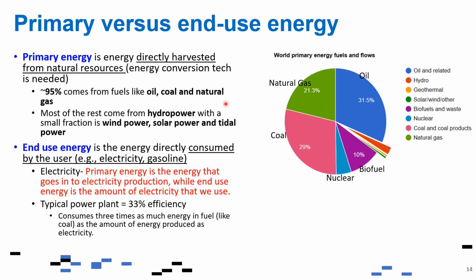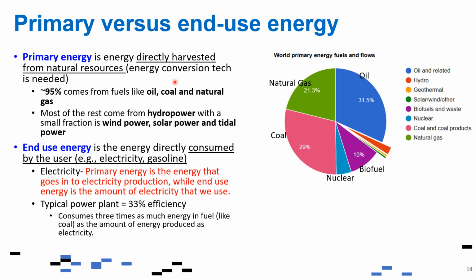So 95% of our primary energy is coming from the fossil fuels. The rest are coming from renewable energy like hydropower. The wind power is also from nature. The sun, sunshine is solar power, and also the tides is also primary energy.